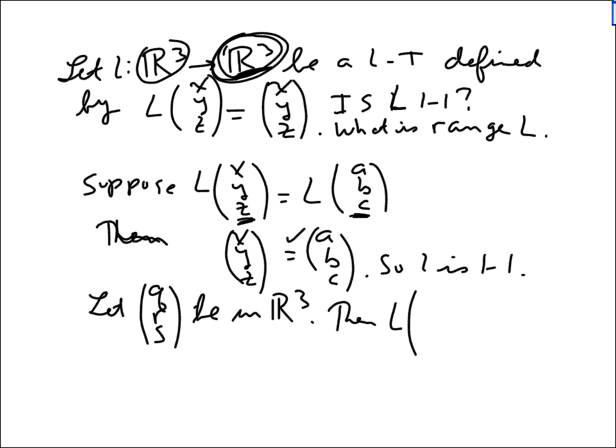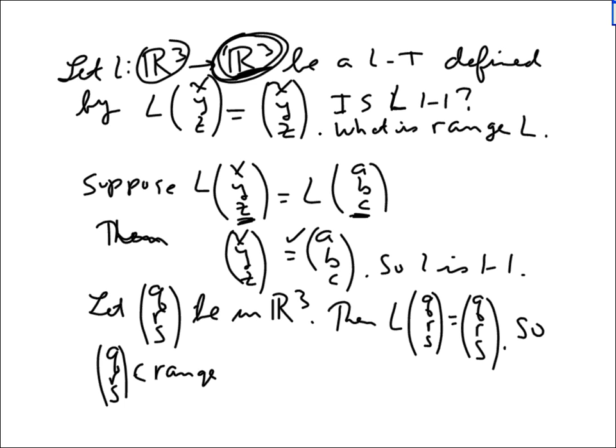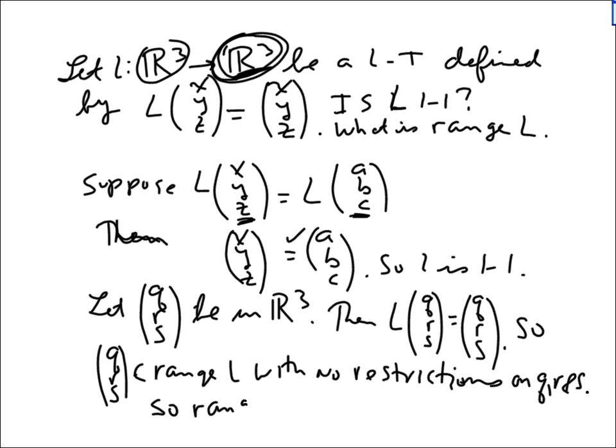Then L of Q, R, S gives me Q, R, S. So Q, R, S is in the range of L with no restrictions on Q, R, and S. So the range of L is all of R3.